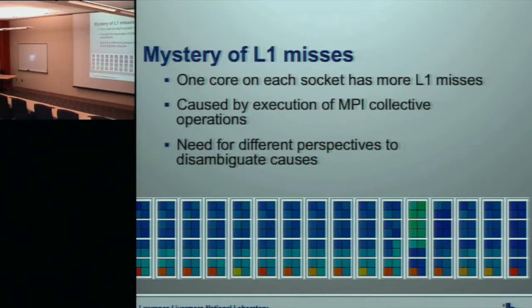And it turns out that down at the bottom here, those bright spots are the same core on every node in the simulation. And what we think that is, is the MPI runtime actually coming in and shoving data out the NIC, because that's the core that's closest to the NIC on those machines. So it's interesting that you can actually see these kinds of artifacts in the performance data that you measure.